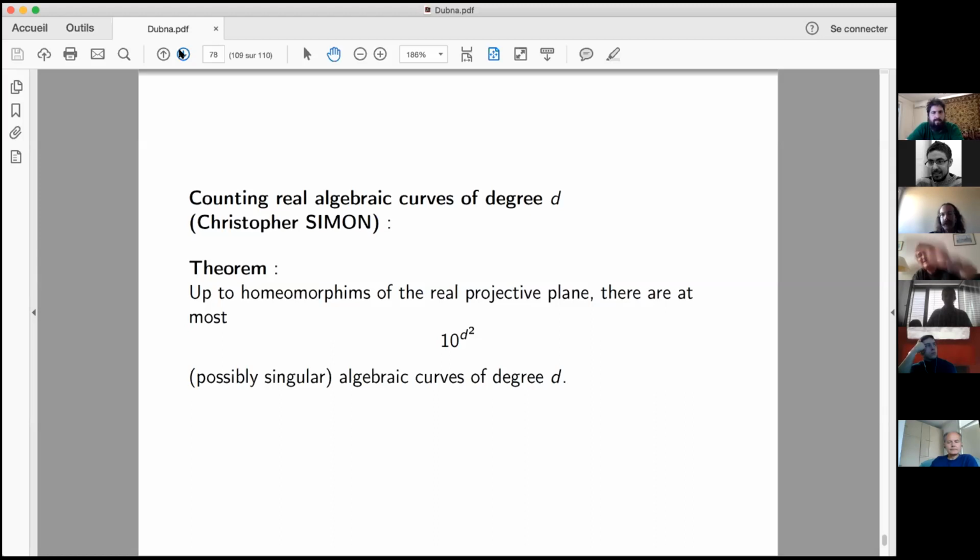It's 10 to the D squared. And this upper bound is a corollary of the previous characterization of chord diagrams.